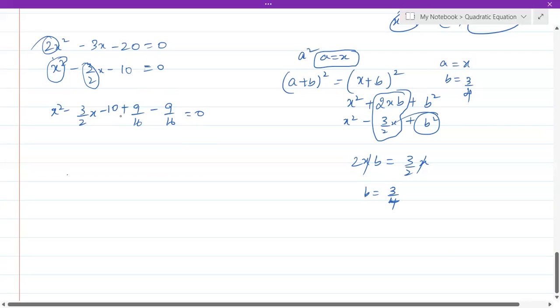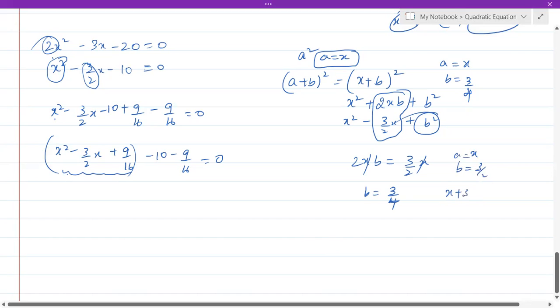It doesn't affect anything. So here what I'm going to do is make a group. x square minus 3 by 2x plus 9 by 16 as one group. And the remaining thing, minus 10 and minus 9 by 16, as another group. Now, if you observe what I've written here, it is actually in the form of a square minus 2ab plus b square. See, what was our a value? x. And what was our b value? 3 by 4.